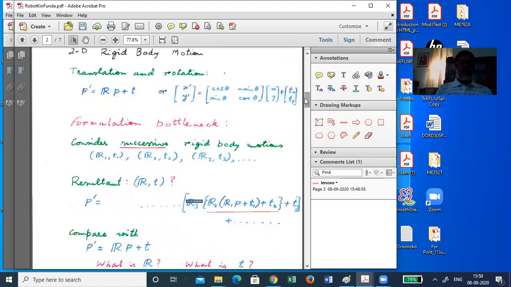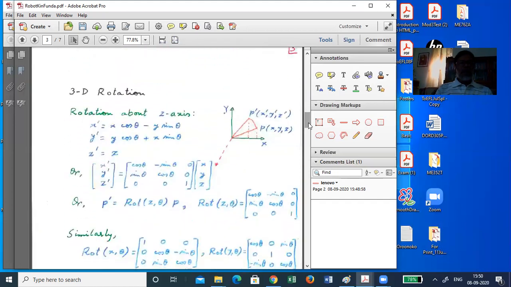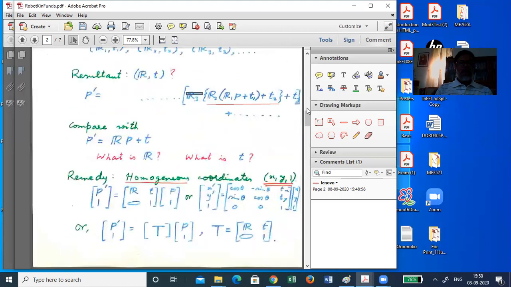And that straightforward representation has been worked out. So this was the issue. That is, what is the corresponding R and what is the corresponding T for the entire sequence of translations and rotations.